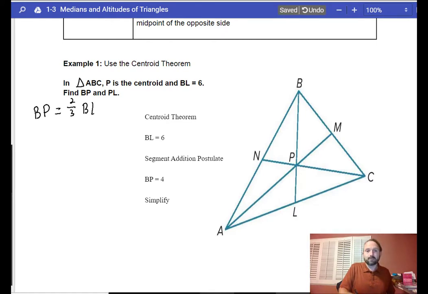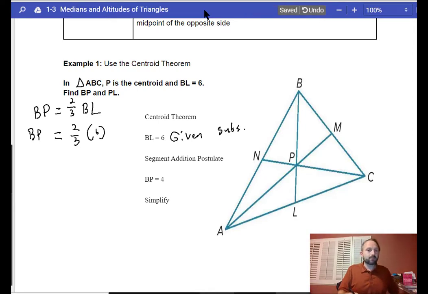So how do we know what BL is? Well, BL was given. And we're going to do this thing called substitution. So we're going to substitute right here. So 2/3 of 6 will equal BP.